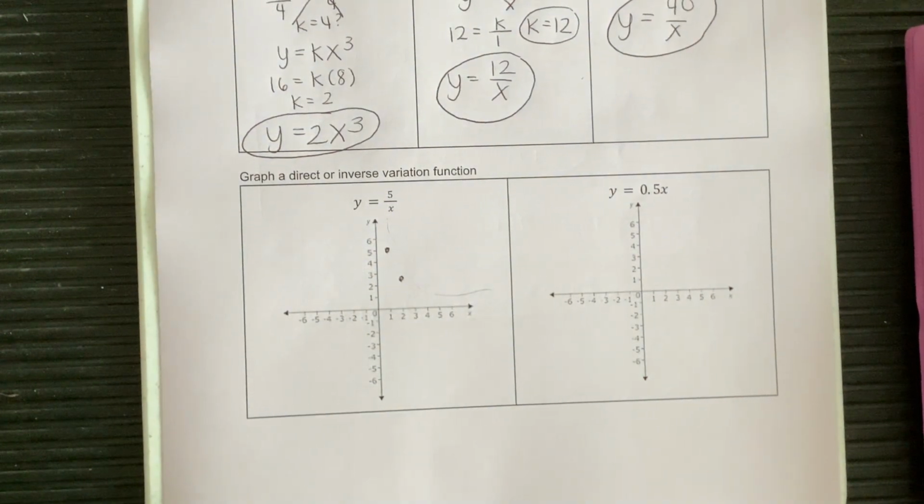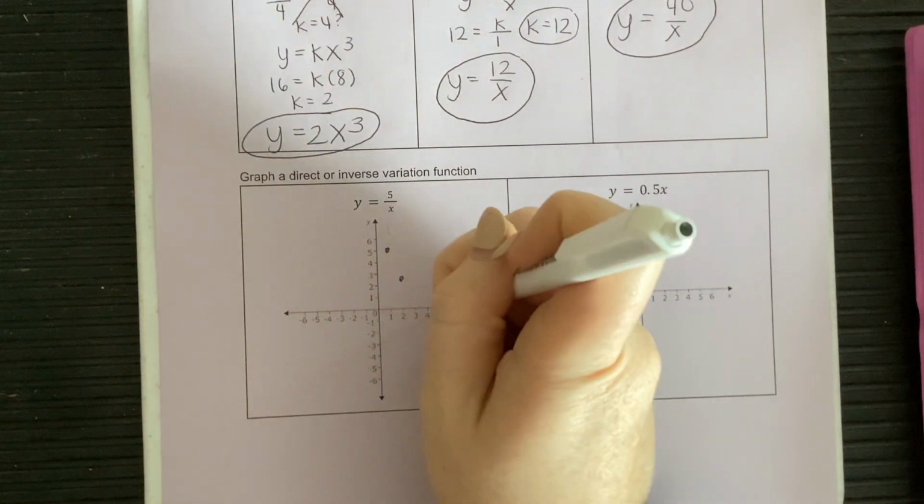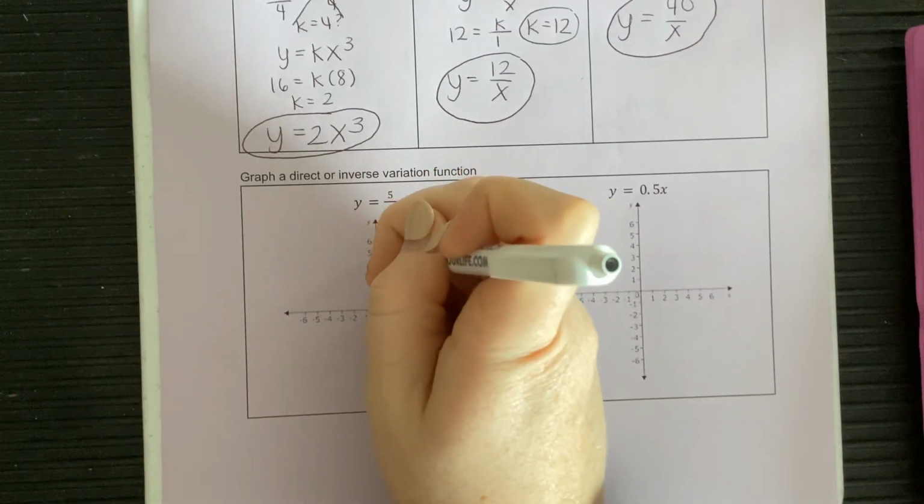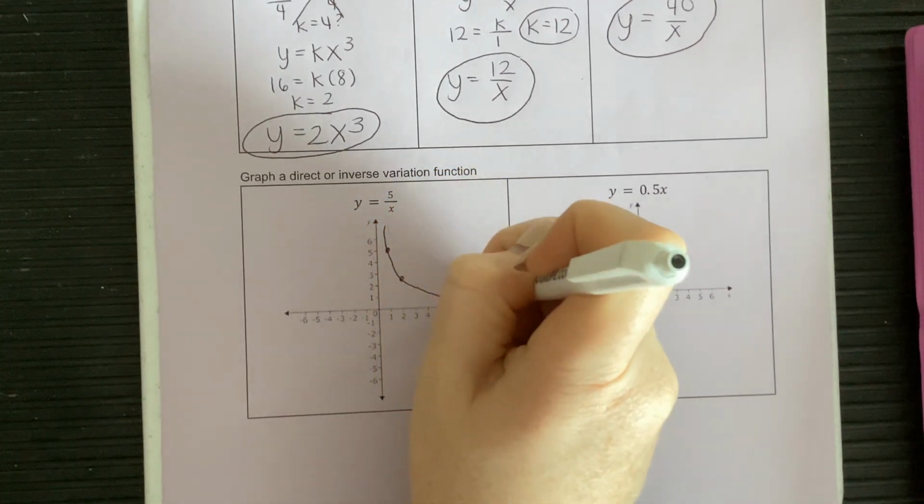Keep plugging in 3, 4, 5. 5 is going to be a nice easy one: if I plug in 5, I get 5 comma 1. So you can start to see it's going to look something like that.